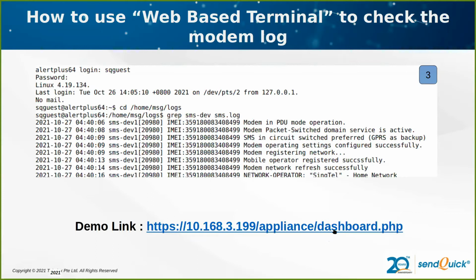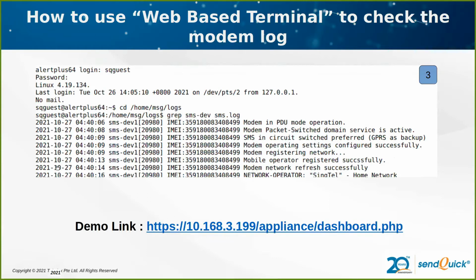I will now go to the website of the Alert Plus server admin. So now we are at the dashboard of the SendQuick UI. Just now my presentation showed the modem status here, so you can view the modem status from here.